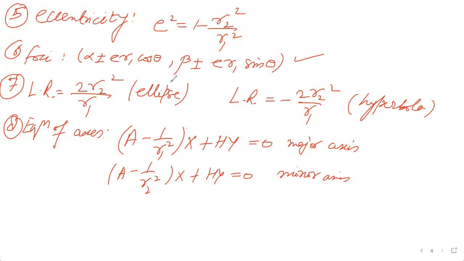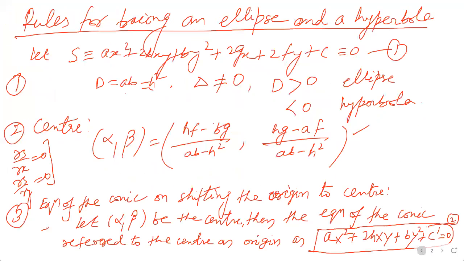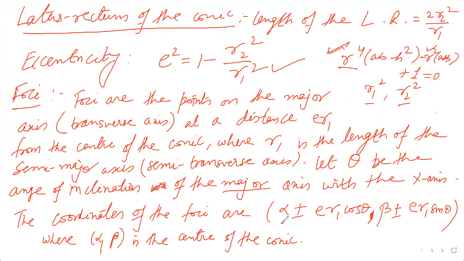ये अपने कोऑर्डिनेट्स निकाले थे ना जब उधर एंगल निकाला था आपका फाई करके, ये है. ठीक है, ये फोकाई के कोऑर्डिनेट्स होते हैं. ठीक है, प्लस माइनस, this we have done when I was calculating all these things in the unit 3. I think unit 3 में when we were solving it, then we got by taking the angle phi and where we discuss the center of the conic. वहां पर हमने ये सॉल्व करके निकाला है. ठीक है, ज्योमेट्रिकली सॉल्व किया था इसको, then it was coming this. ये thing I think it was on page number 210 पे था, 210 या 211 पे.